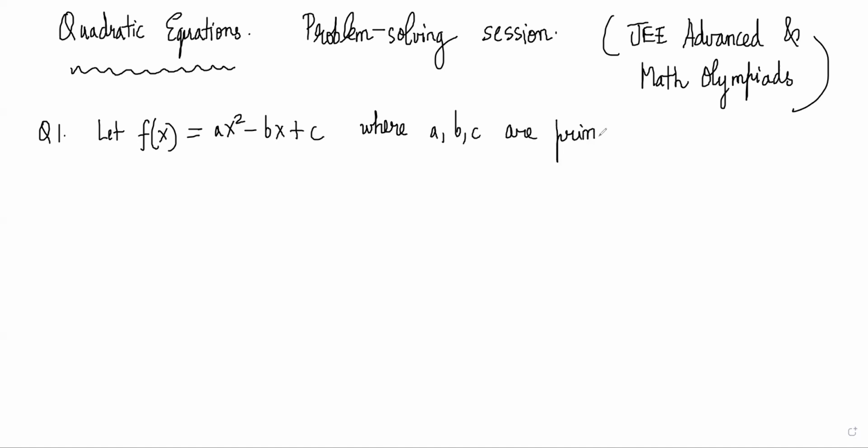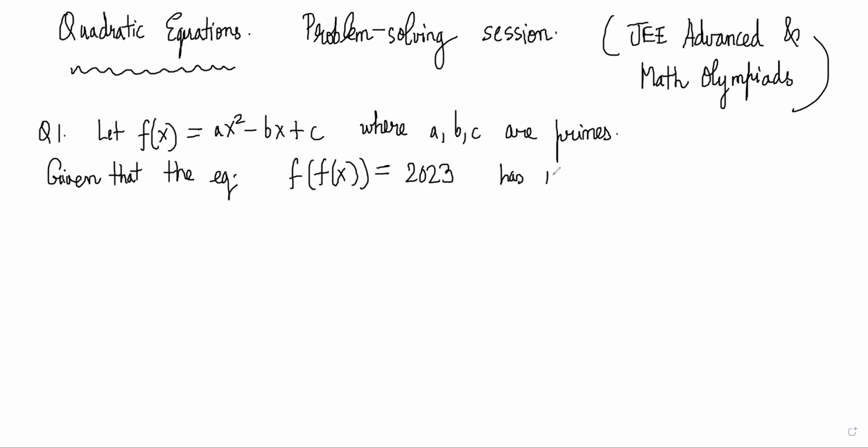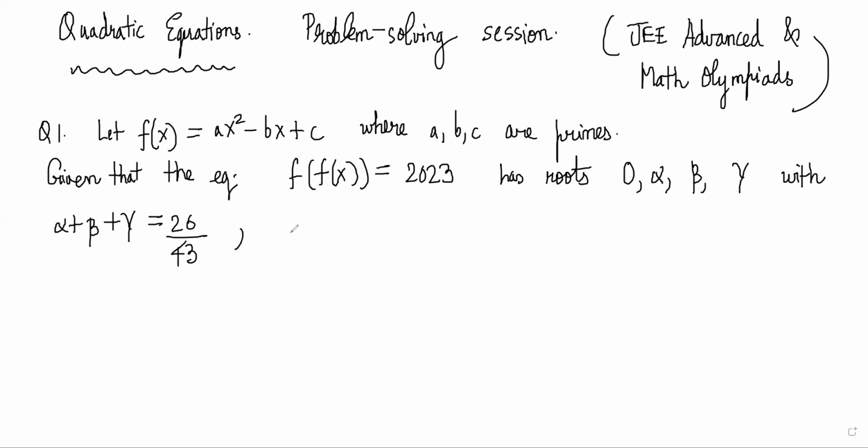Given that the equation f of f of x is equal to 2023 has roots 0, alpha, beta, and gamma, with alpha plus beta plus gamma is equal to 26 by 43. We have to find abc.